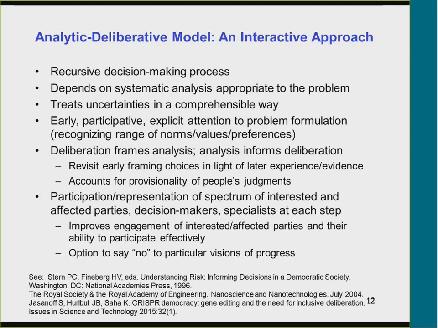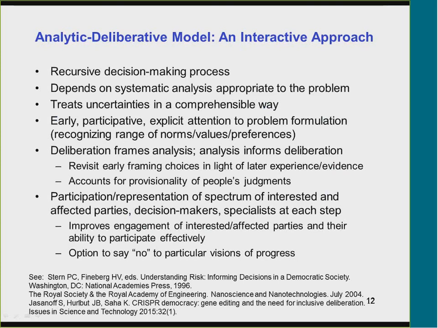One in particular, calling your attention to this, I think highlights some points that may be useful to you. Among the interactive approaches, there's something called the analytic deliberative model. I don't mean to highlight this in particular or say it's the best, but note some aspects of it. It's recursive or iterative. It depends on systematic analysis that's appropriate to the problem.